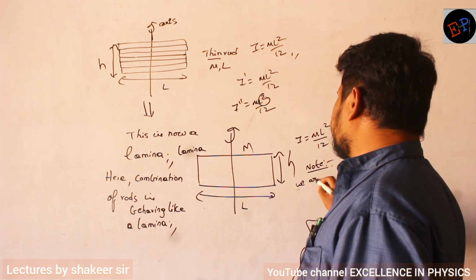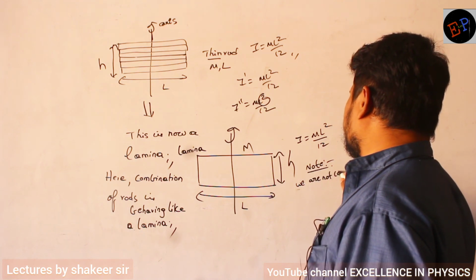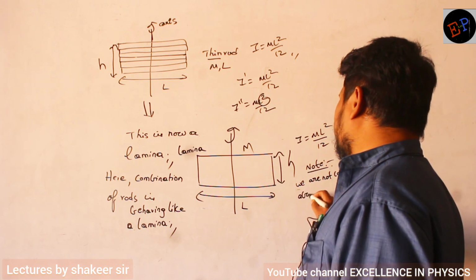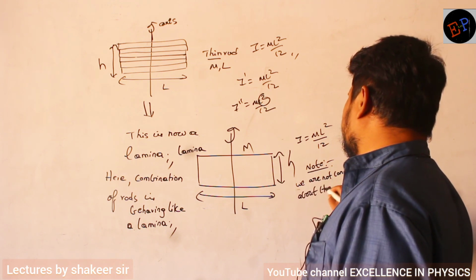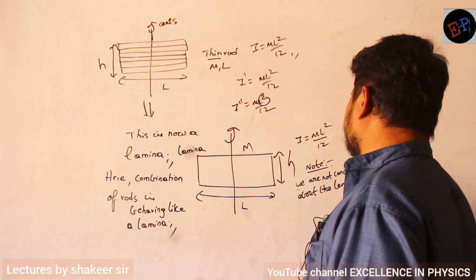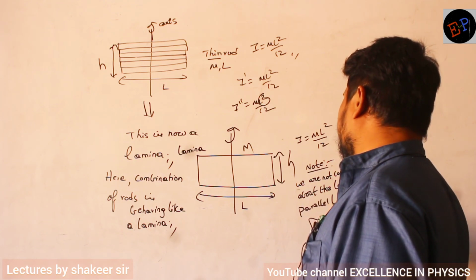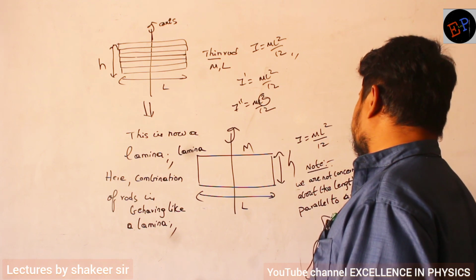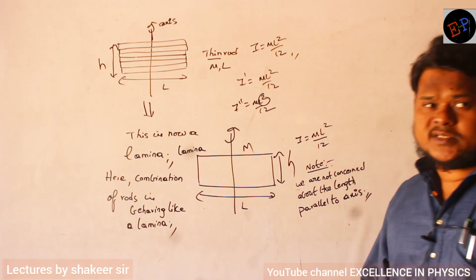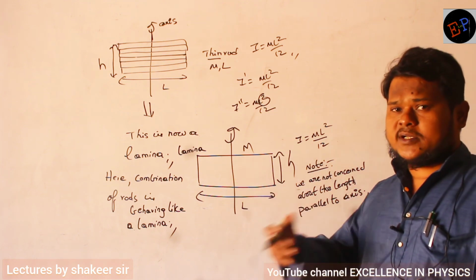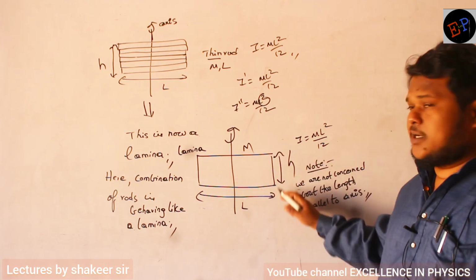We are not concerned about the length parallel to the axis of rotation. Which is the length parallel to the axis of rotation? The length parallel to the axis of rotation is h.